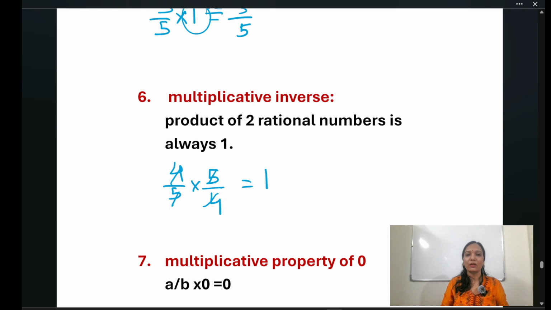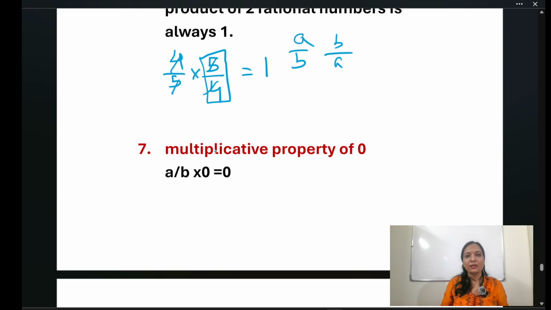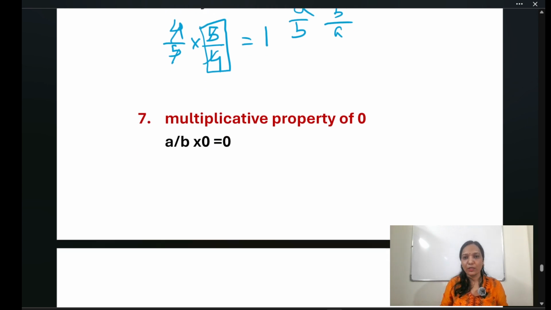So we'll get 1. That means this 5 by 4 is called the multiplicative inverse of 4 by 5. So if a by b is a rational number, then b by a is the multiplicative inverse or reciprocal of a by b. Clear?